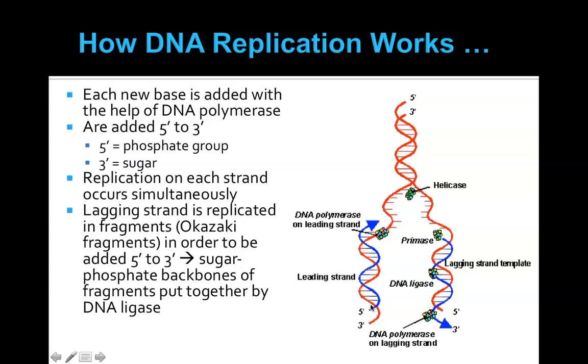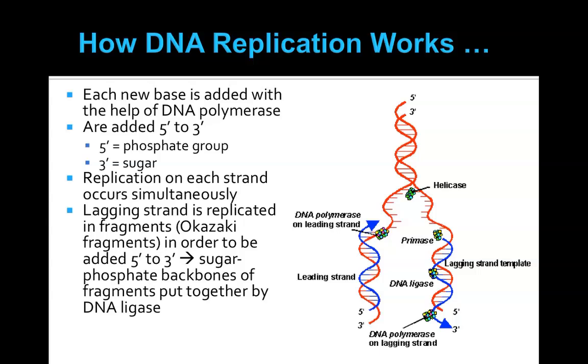Once that primase makes a single RNA primer, then I can make the DNA strand from there. I can use DNA polymerase all the way to the other end. Over here, though, I'm going to have to make little snippets of RNA and basically use DNA polymerase and work backwards. So I'm going to make little chunks at a time.